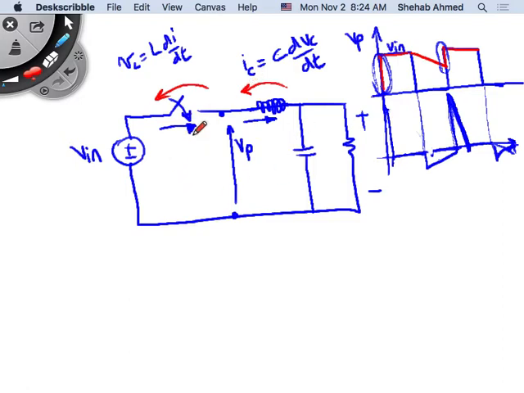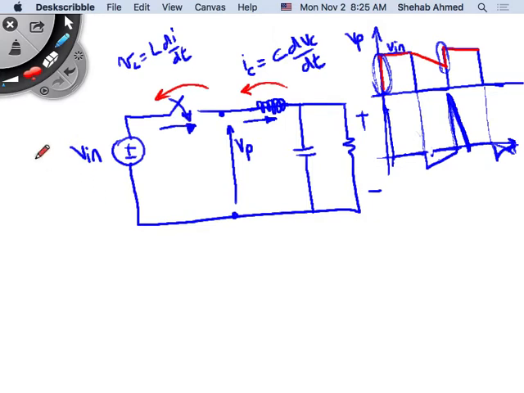From Kirchhoff's voltage law around the loop, these two voltages are equal to each other, one with a positive sign depending on the polarity, which I don't really care about. From a magnitude perspective, the voltage across the switch is approximately equal to the voltage across the inductor. So if the inductor voltage is very large, then the switch voltage is very large, and will cause arcs across the switches. And we cannot have these arcs across the switches, otherwise they will burn the devices.